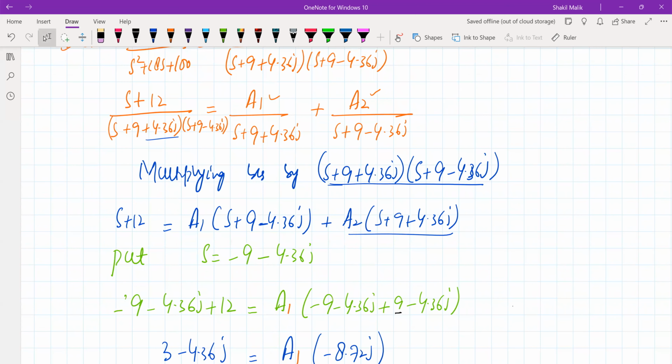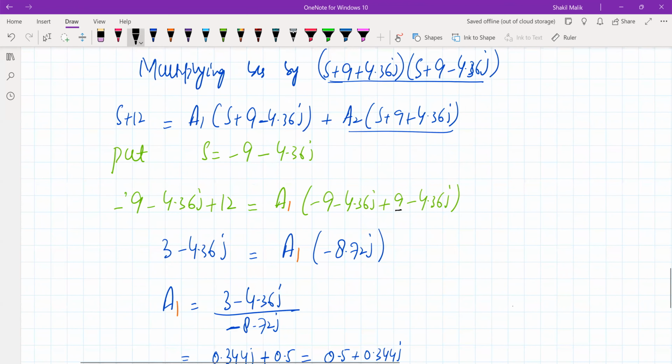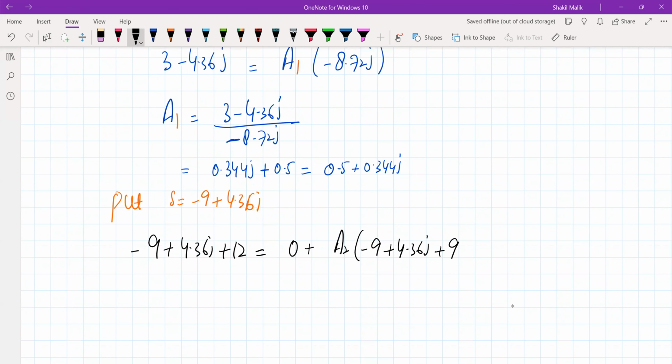And then we have minus 9 plus 4.36j plus 9 plus 4.36j. So simplifying this, we can write it as 3 plus 4.36j, which is equal to A2 times, minus 9 plus 9 will get cancelled, so it will be again 8.72j.